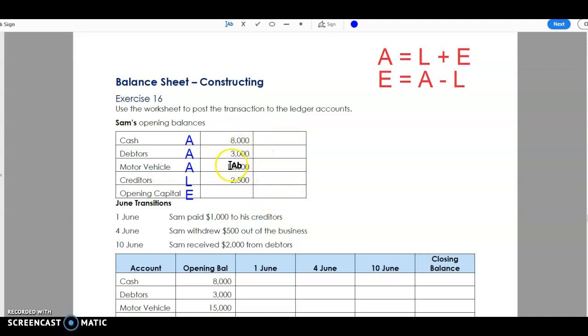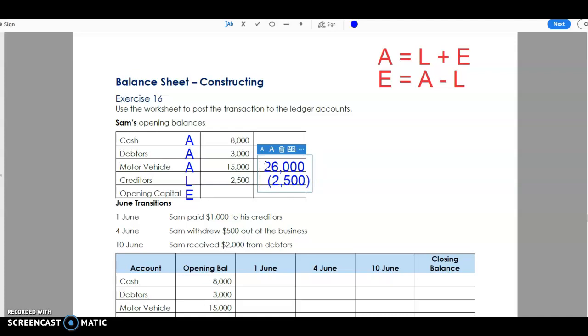Here we are. 3 plus 8 is 11, plus 15 is 26. Put that in there, 26, nice and big because it works well. Minus, in fact, I'm going to do it like this. Let's put in a bracket, 2,500, because, in accounting, we write negative figures with brackets, just like that. There it is.